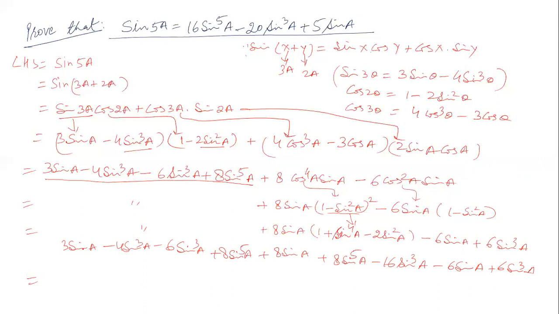Now collecting the like terms. 3 sin a, 3 sin a and 8 sin a and minus 6 sin a: 8 plus 3 is 11, 11 sin a minus 6 sin a, that is 5 sin a.